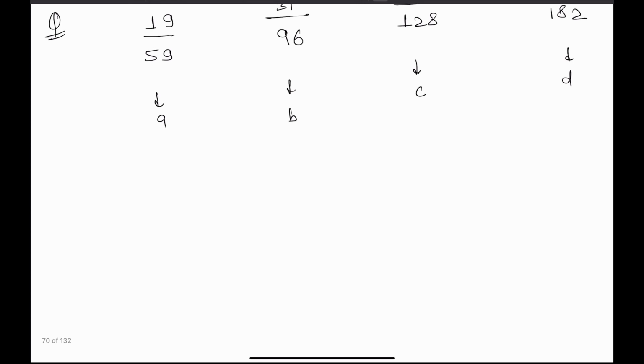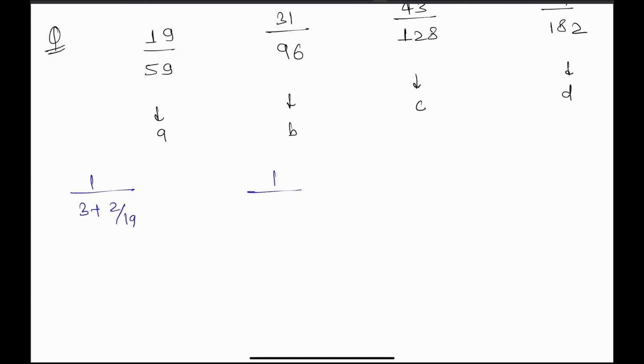19 by 59 is what? So I can rewrite it as 1 by 3 plus 2 by 19. I can rewrite 3 by 96 as 1 by 3 plus 3 by 96, since 93 plus 3.